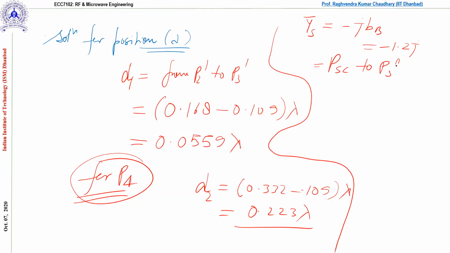This will provide you L1. What is L1? It is PSC to P3 dash. PSC we know is 0.25 lambda, and P3 dash, you need to subtract: 0.361 minus 0.25 lambda. If you solve, this will be 0.11 lambda, correct?